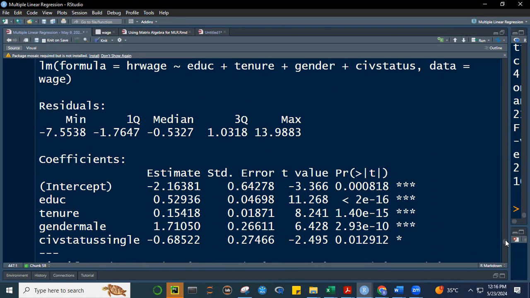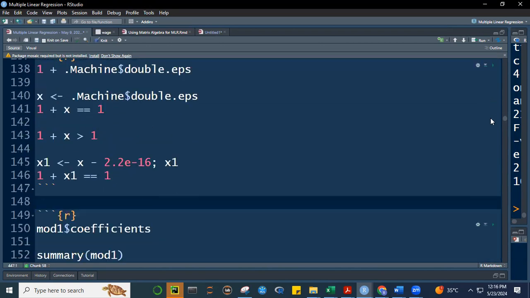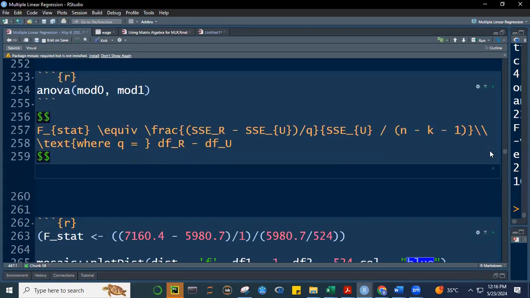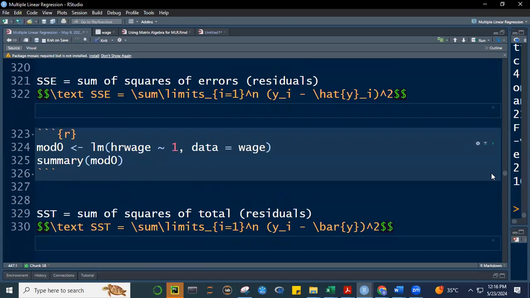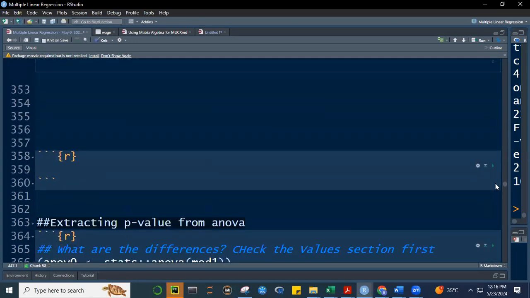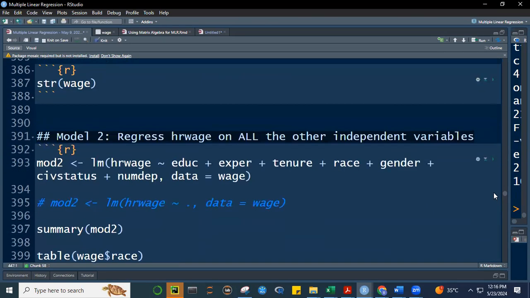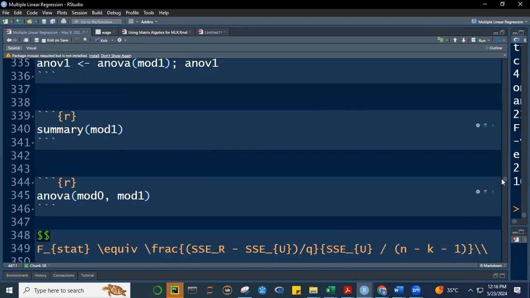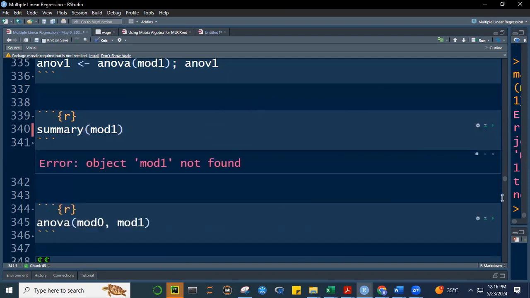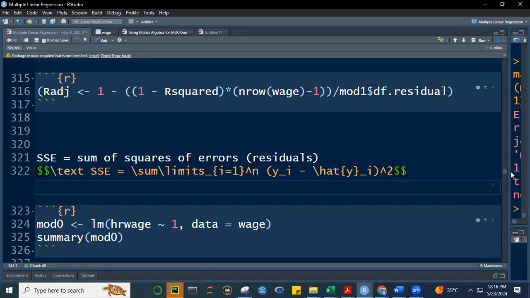Okay, now let's go back to model number 1. Had we, at the onset, model number 1, where are you? At the onset, sorry about the scrolling. Where's my model number 1? Okay, this one. I'll just summarize this. Oops, sorry. Let me run model number 1 again.